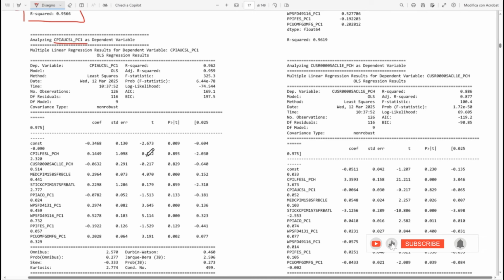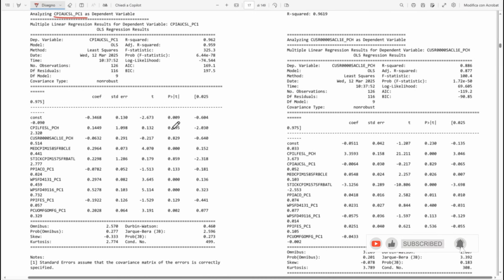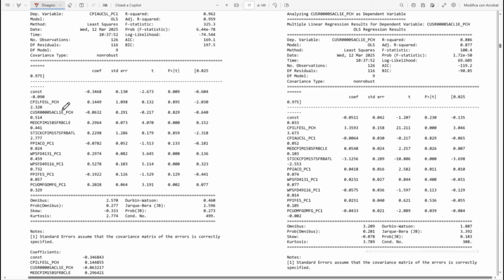Okay, let's see. This is plain CPI. So CPI, this is the constant term. Okay, so the p-value, the median CPI: if CPI goes up by 1%, the median CPI increased by 0.29%. And we have a very similar coefficient for core producer price index.